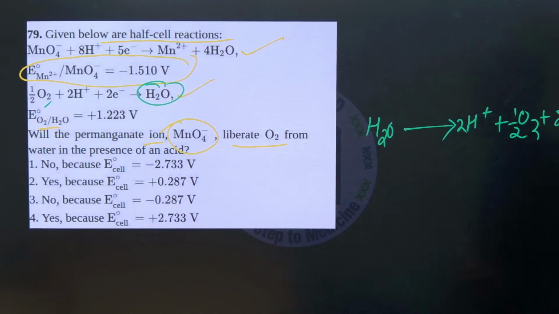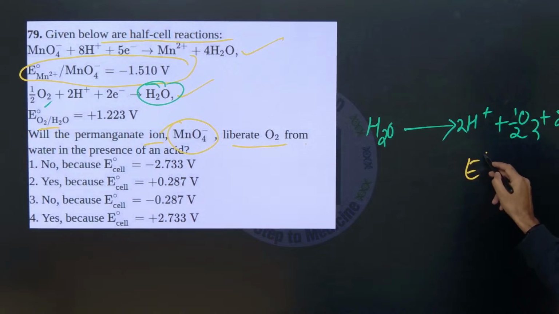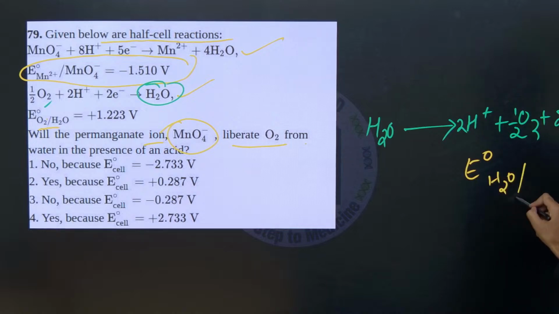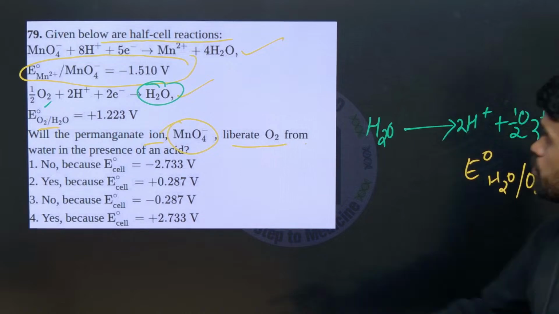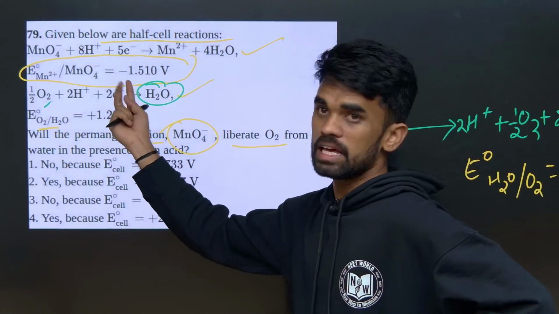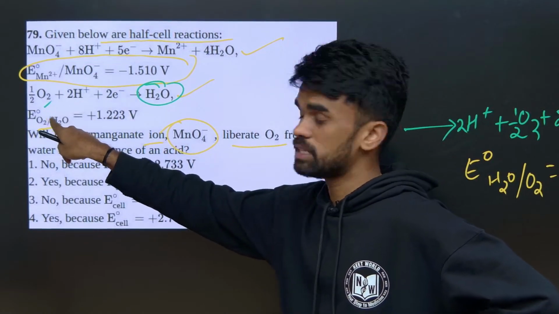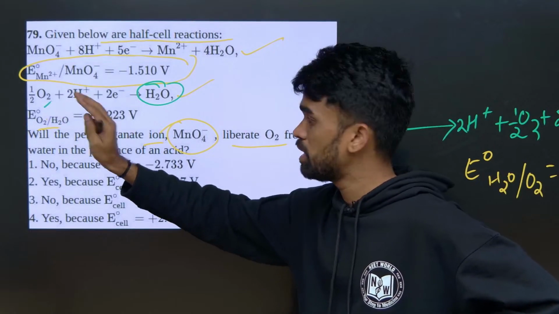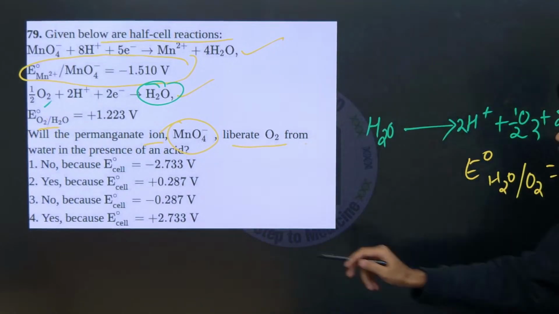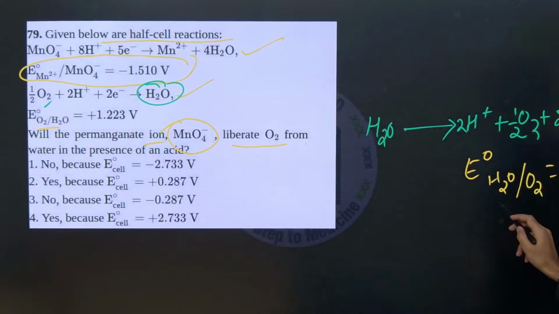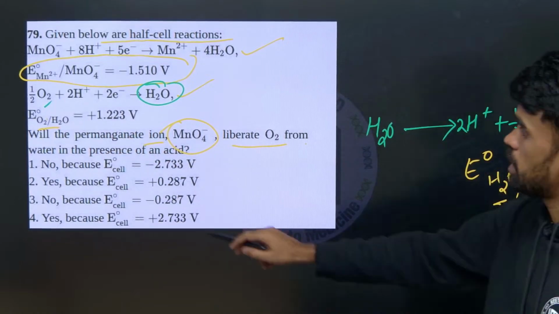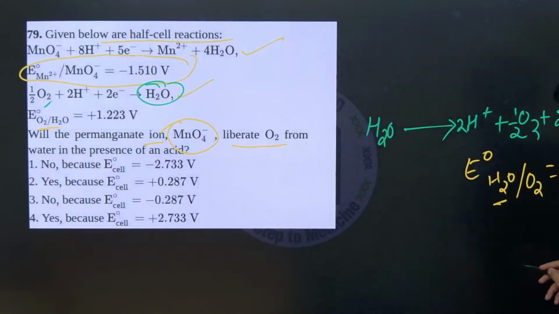If this is a process, so E naught of H2O to O2, I am writing this reaction in reverse, then equally the reduction potential value also will be reversed. See here I am writing oxidation potential, here they have given reduction potential. So I am writing this oxidation potential as negative 1.223 volt.